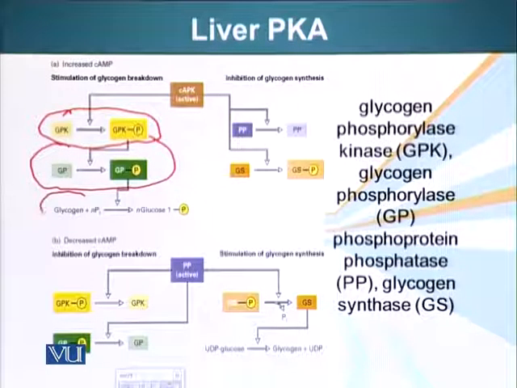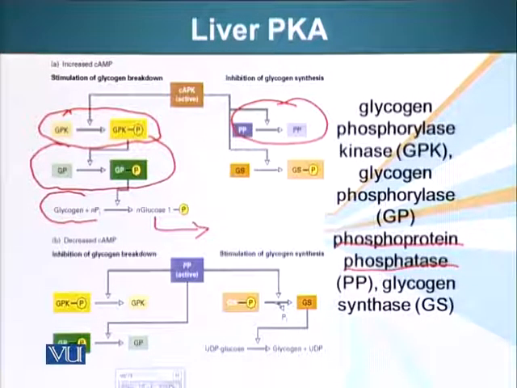Glycogen phosphorylase phosphorylates glycogen, which results in removal of one glucose molecule. Cyclic AMP simultaneously inhibits glycogen synthesis by, first of all, inactivating or suppressing phosphoprotein phosphatase, which is an enzyme which removes phosphate groups from other proteins. It is the reverse of kinase.